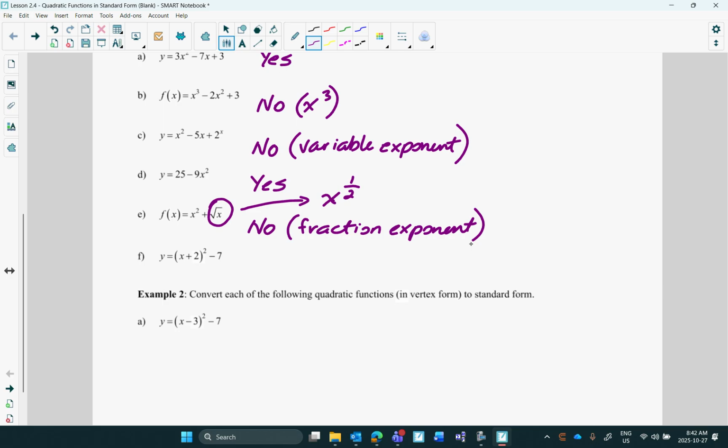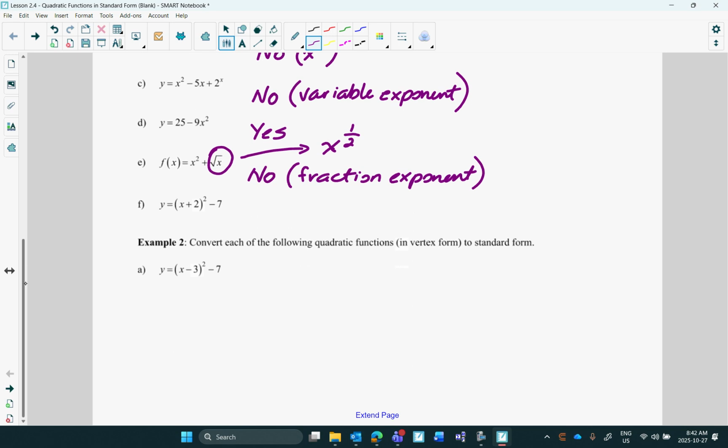Yes. Because if you were to actually multiply all this out, you get an x squared as the highest exponent. 2 would be the highest exponent. So yes. Okay. So that tells you what is and what isn't quadratic. If it's got an x squared in it and nothing higher or no fractions or no negative exponents, it's good, it's quadratic.